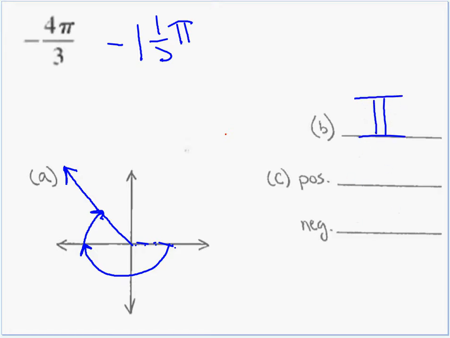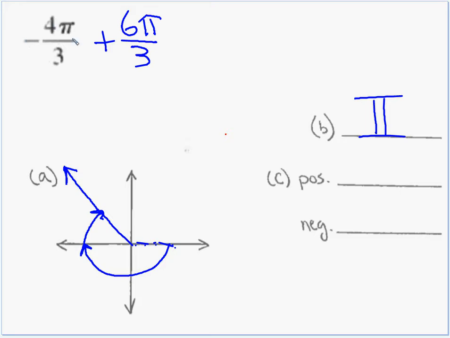Now to figure out the positive and negative coterminal, I'm going to start with the negative 4/3 pi, and I'm going to add 2 pi. Or to get the common denominator, 2 pi is the same thing as 6 pi over 3.